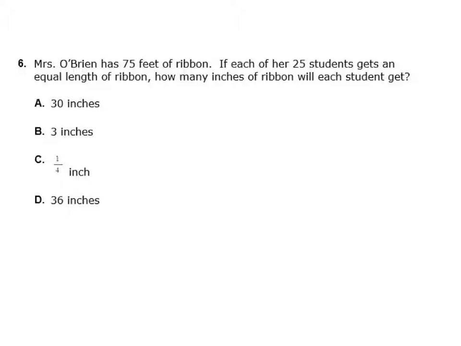The next one is number 6. Number 6 reads, Mrs. O'Brien has 75 feet of ribbon. If each of her 25 students gets an equal length of ribbon, how many inches of ribbon will each student get? So what we need to do is figure out what they're asking us first. Here is 75 feet of ribbon. There's 25 students.